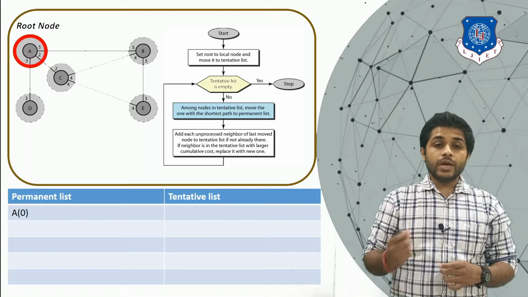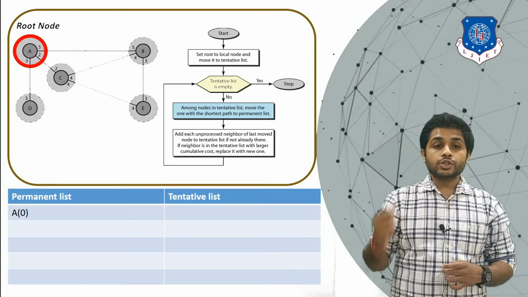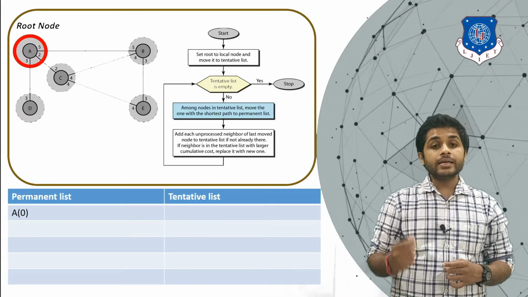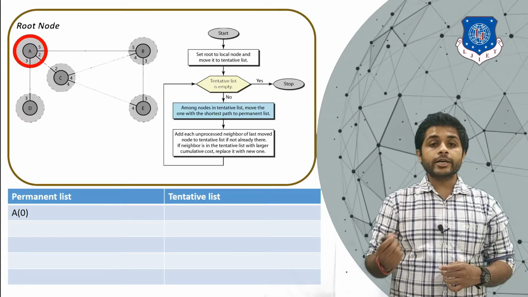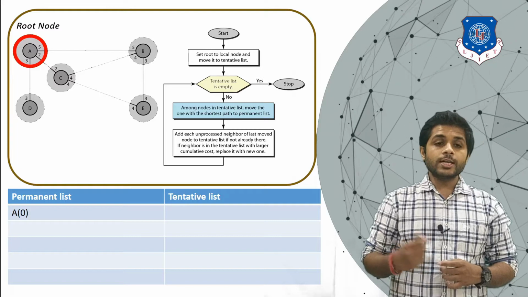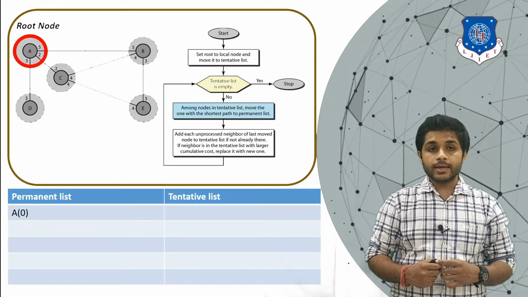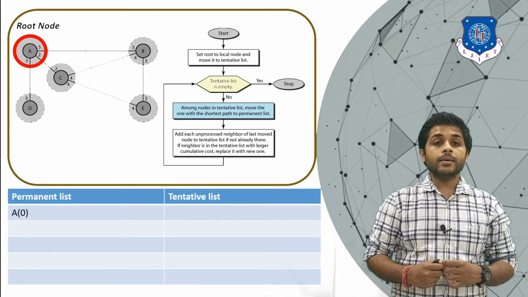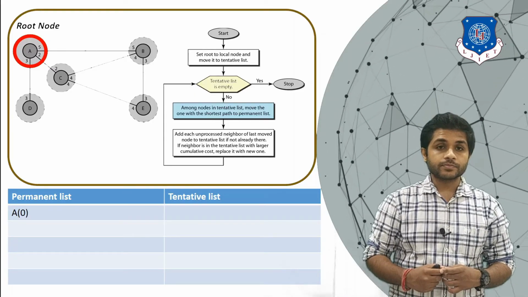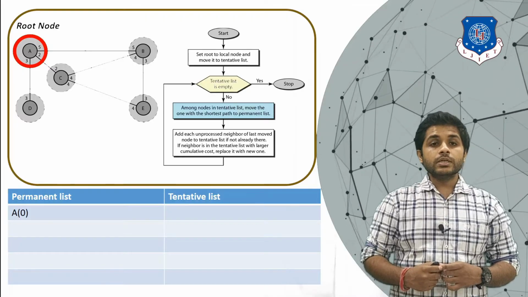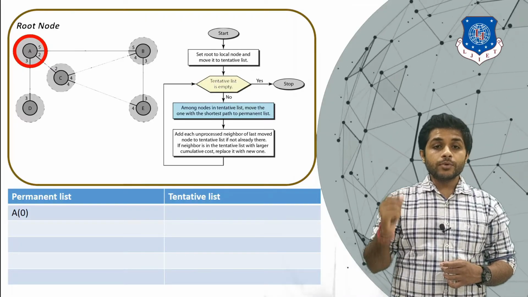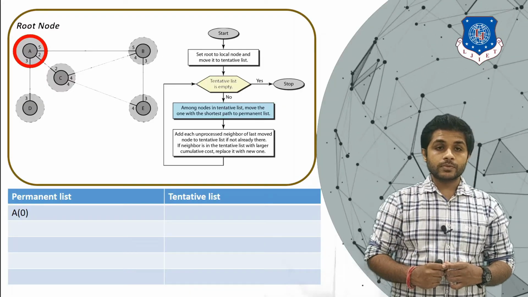Now, when we move the shortest distance node to the permanent list, we will add its adjacent nodes to the tentative list. So what are the adjacent nodes of the router A? The adjacent nodes of the router A are B, C and D. So we will move these adjacent nodes of the recently moved node to the tentative list.